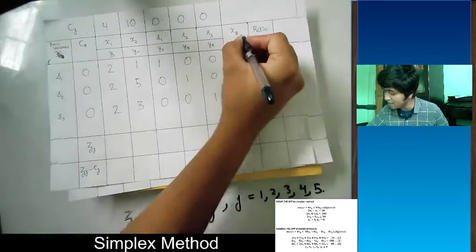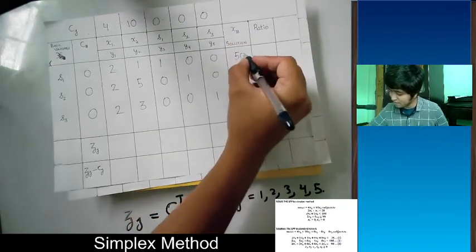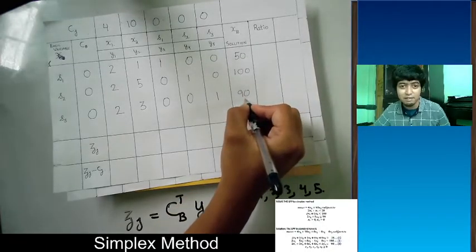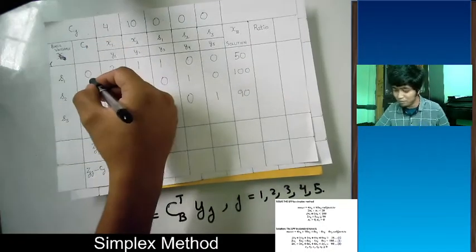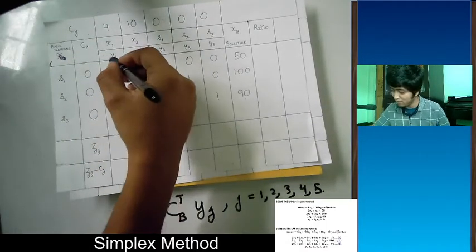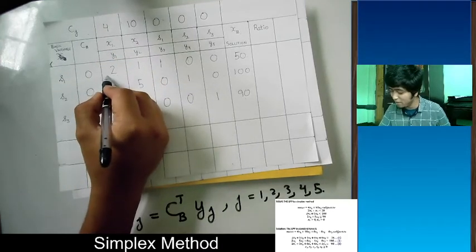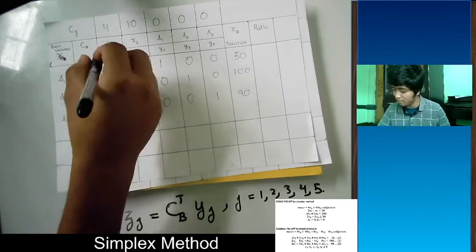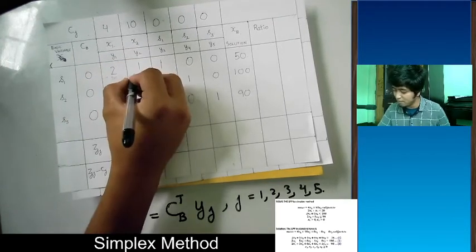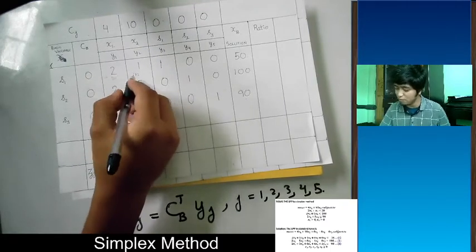Some of them will be denoted like this. This one is xbi: xb1, xb2 and xb3. Similarly, this one will be cb1, cb2, cb3. This entry belongs to the first row and the first column, this one to the first row and the second column, so y12.